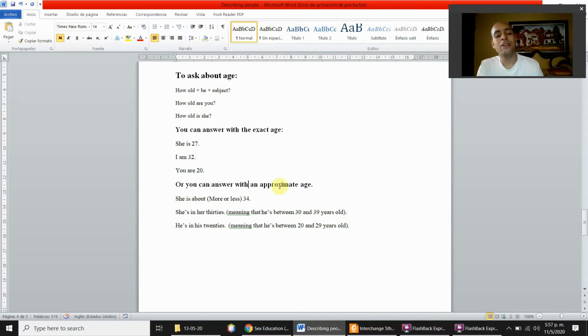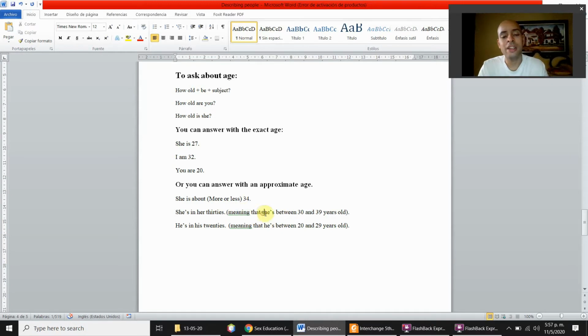Or you can answer with an approximate age. If you don't know the age of the person, then you can answer with an approximate age. She is about means more or less. She's about 34. She's in her 30s.